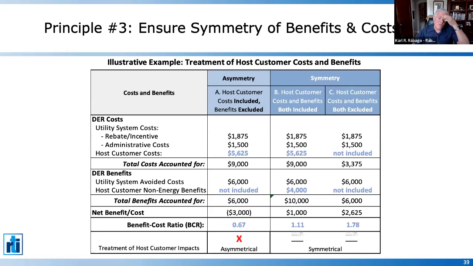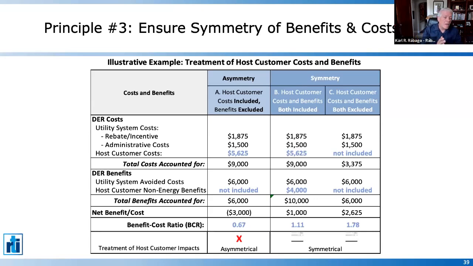This program is cost effective when you look at both the costs and benefits from the host perspective. If you decide not to look at what the host is getting hit with or what it has to pay or gets as a benefit, you can run down just from the utility perspective, and this program is still even more cost effective because the net benefit cost ratio is 1.78.